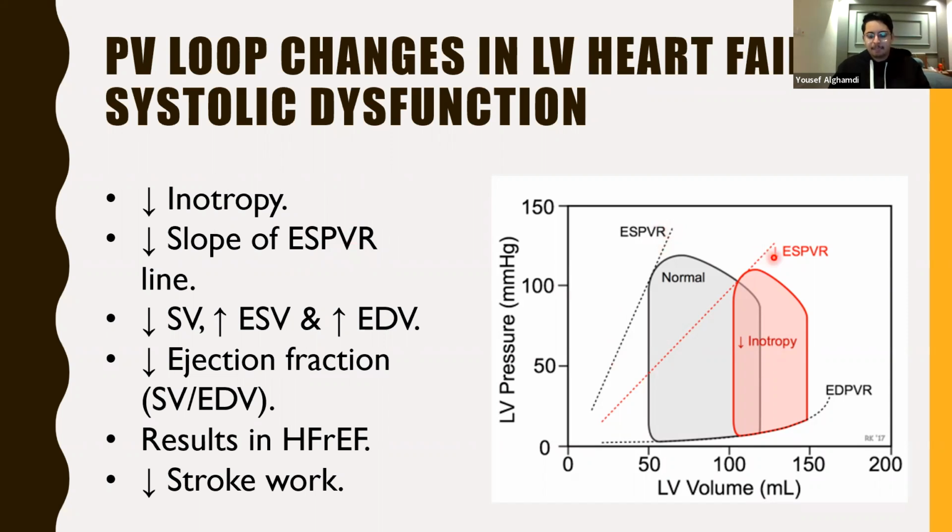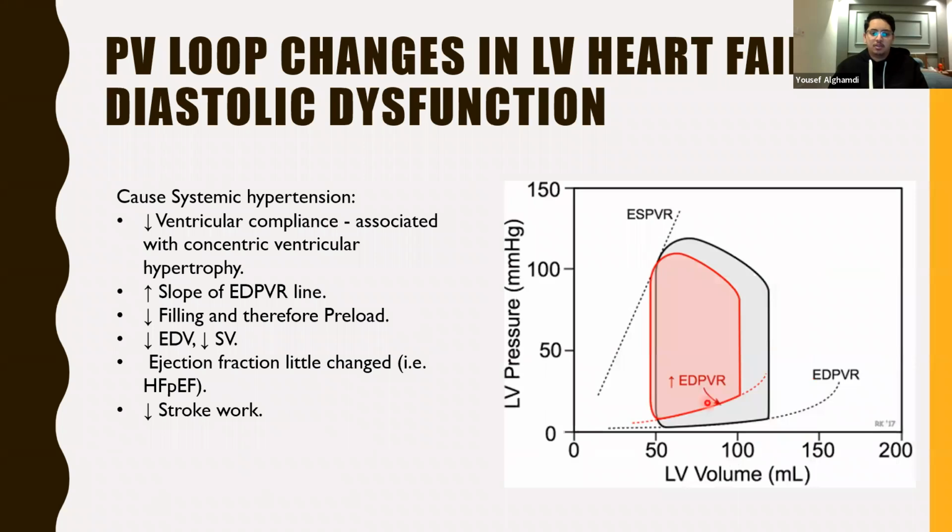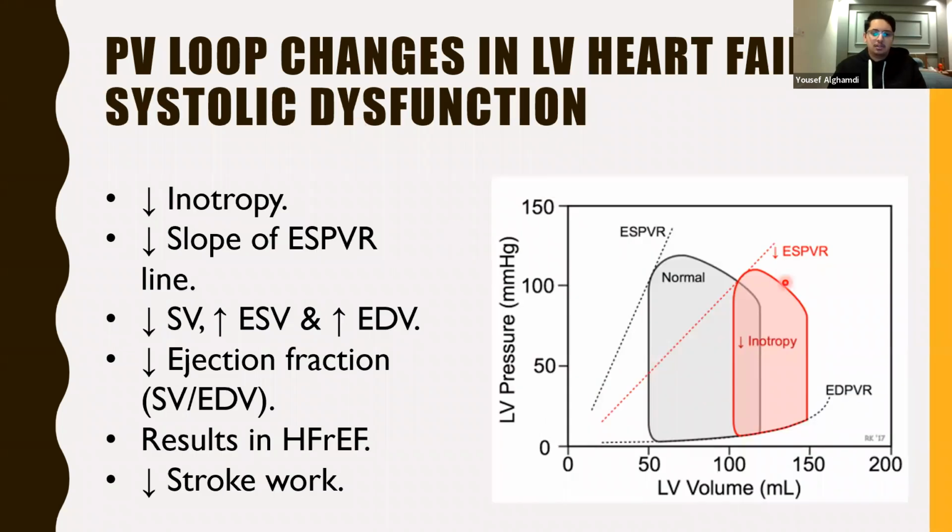Systolic dysfunction will not affect your end diastolic pressure volume relationship, but we'll talk about it. Diastolic will go up, systolic will go down. So your slope for end systolic pressure volume relationship will go down.